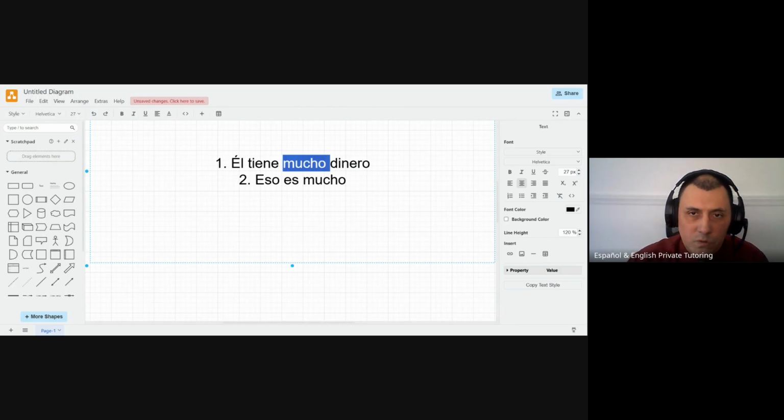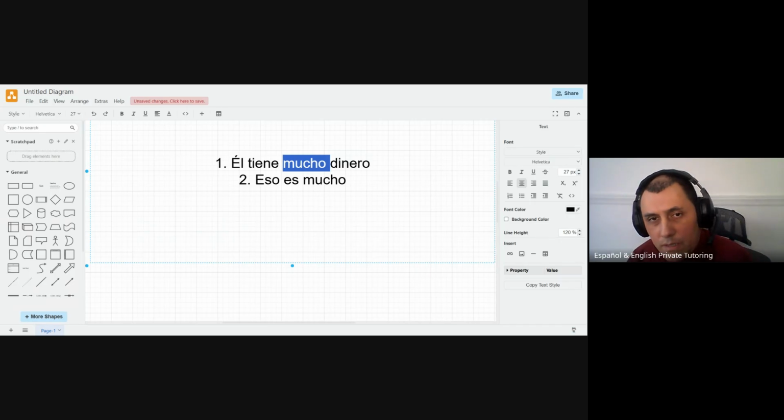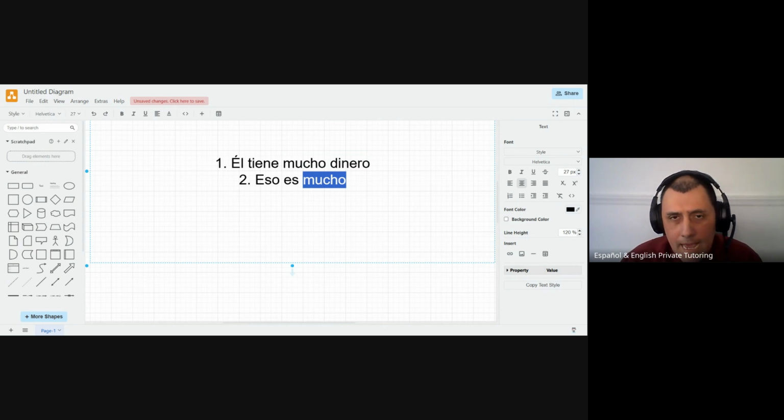On the first sentence, mucho is acting as an adjective describing the noun dinero, which is masculine singular. So remember, adjectives have to agree in gender and number with the noun they are describing, following all the rules related to adjectives, which I'm not going to explain here. But if you're not a student, you can check that on your own, or go to our channel and check more videos there. But mucho here is not an adjective.